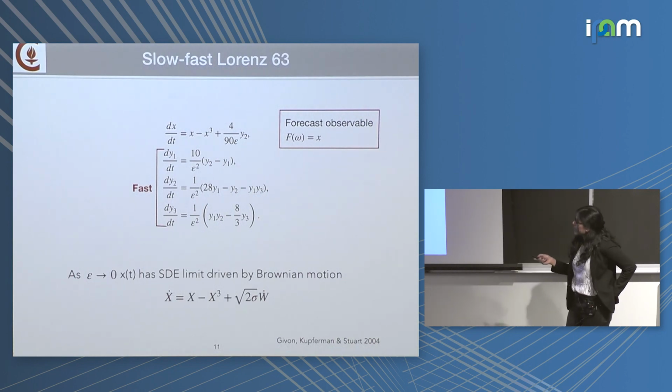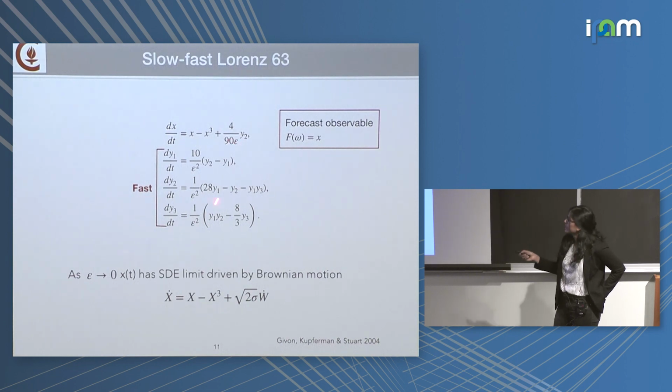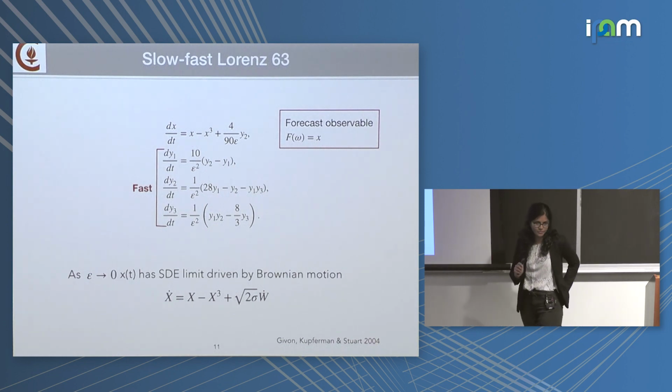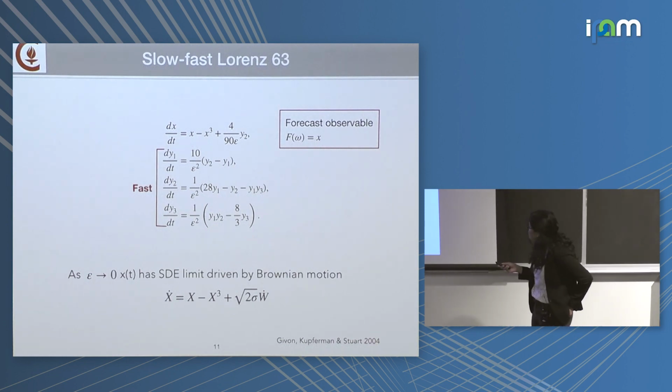So here you have a slow variable, which is forced by the fast Lorenz 63 dynamics. These are just the Lorenz 63 dynamics, and you have a forcing from the Lorenz 63 dynamics here. We're taking epsilon very small, and that means that the y dynamics are two orders of magnitude faster than the x dynamics.